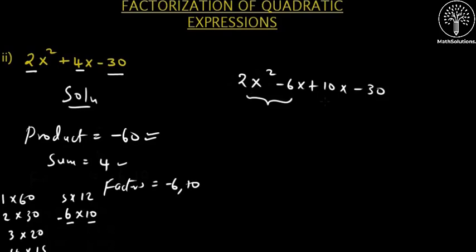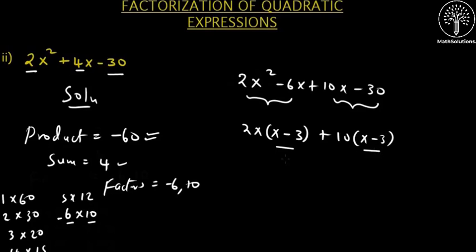So grouping and factorizing, we have 2x as a common factor for the first group, so we'll have 2x into x minus 3 plus, here 10 is a common factor, we have 10 into x minus 3. So we realize x minus 3 is a common factor, so we factor it out, we'll have x minus 3 into 2x plus 10.